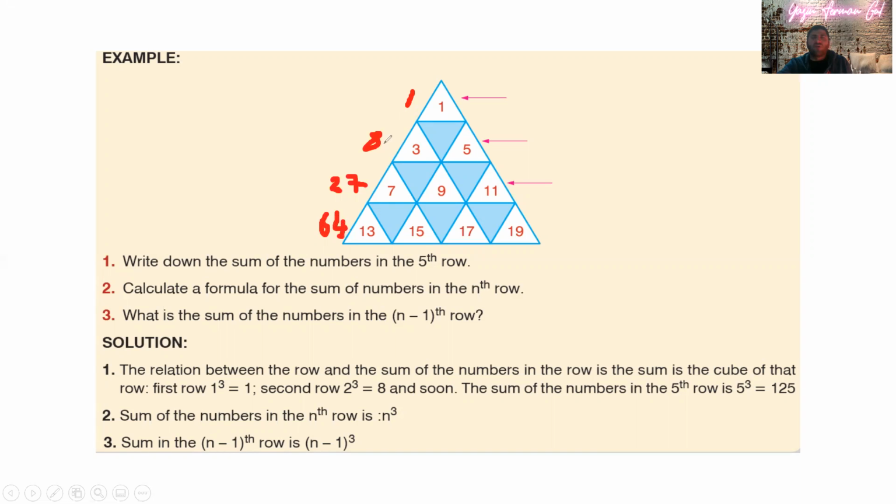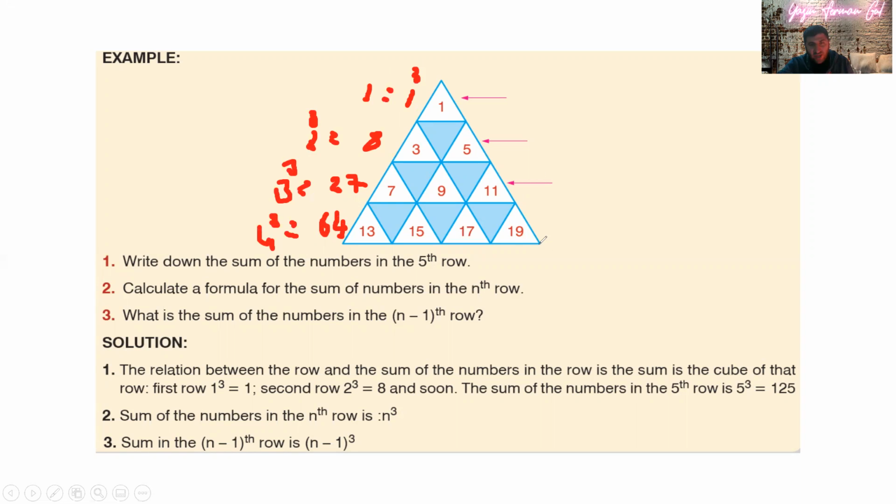So basically, when I look at these numbers, I can actually figure out now what's happening here, because I can see that it's a cube number. You see 1 to the power of 3 equals 1. 2 to the power of 3 equals 8. 3 to the power of 3 equals 27. And 4 to the power of 3 equals 64.